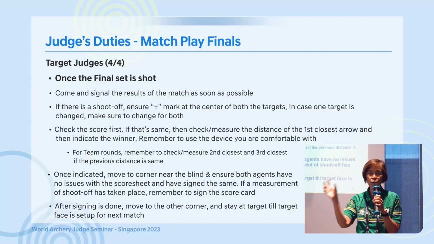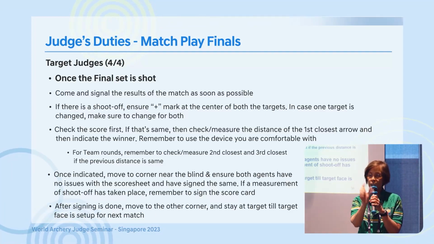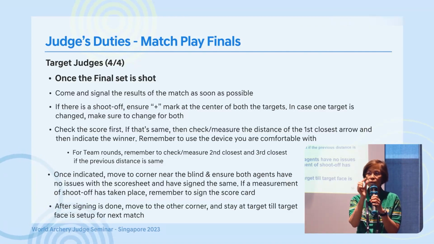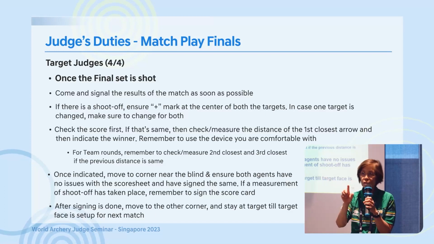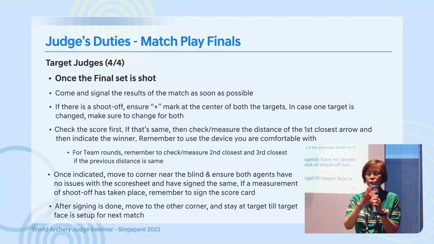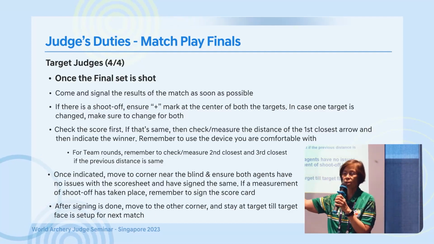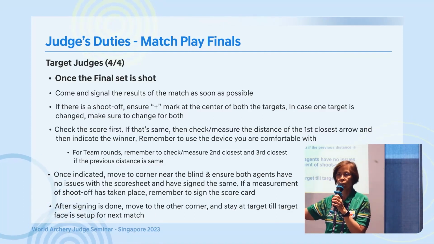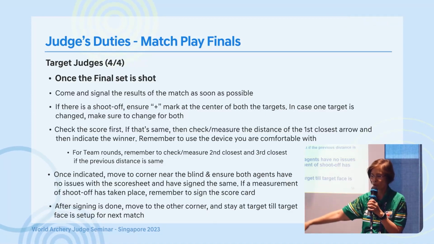If it's equal, then which is the nearest to the center? Okay, if that's clear to you, call it. If it's close, do the measure. Once you find out, then call the winner. If you can't find out, if it's a team, go to the second closest, and so on and so forth, third closest. And you know the process.